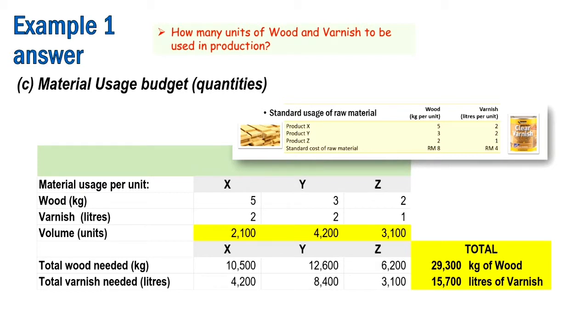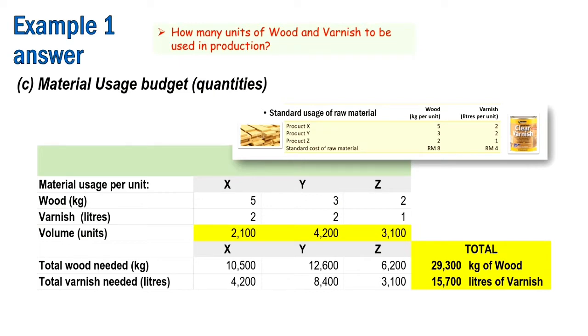Okay, since we already know how many units of production from the previous question B, we have to identify how much is the total materials needed.